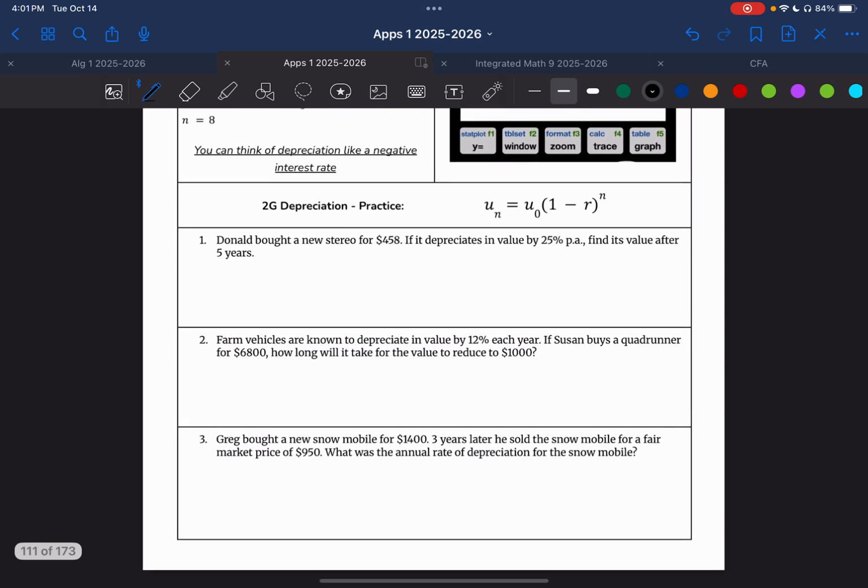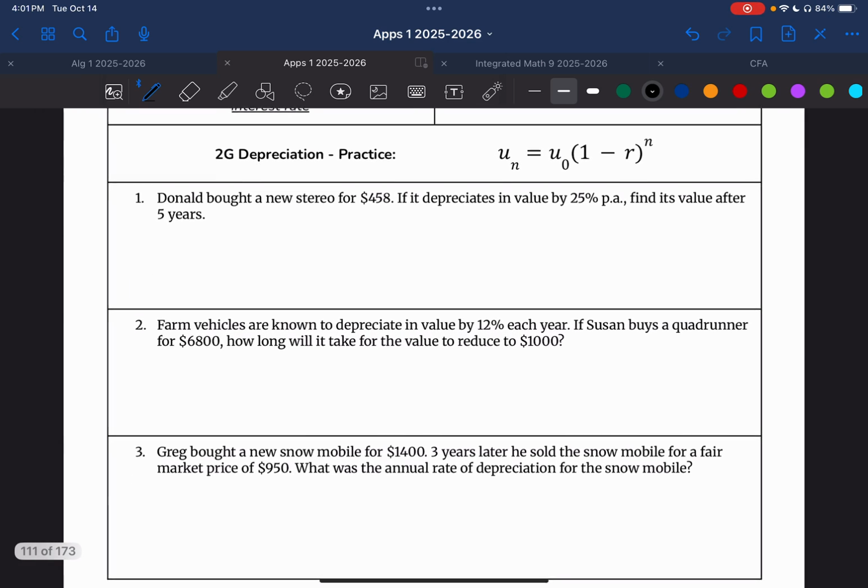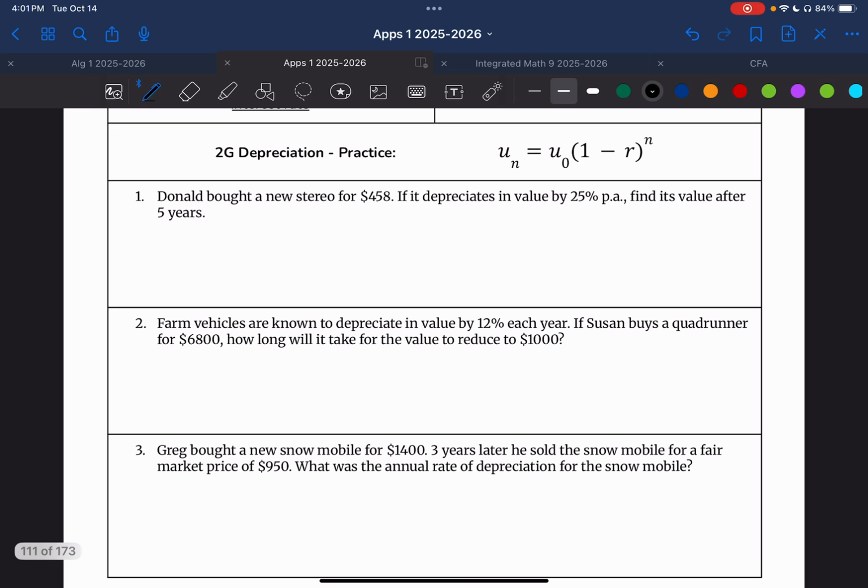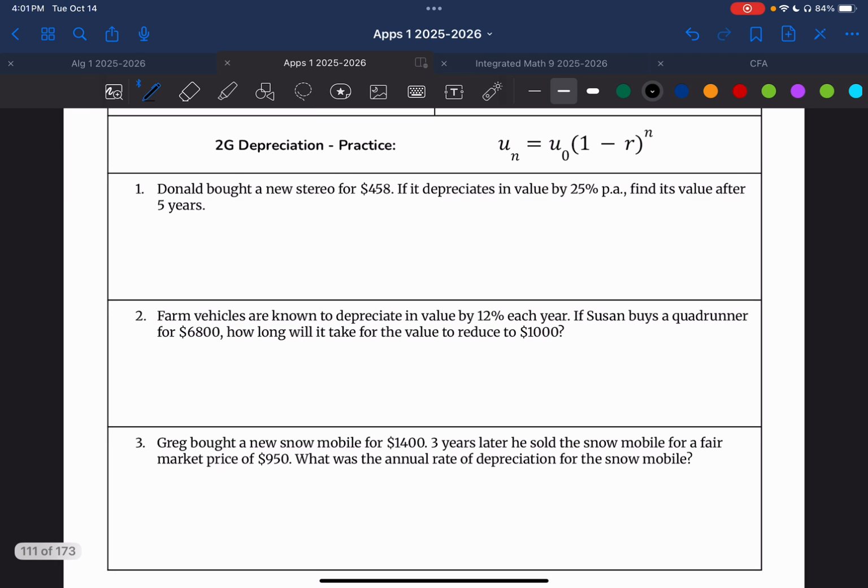All right, so now let's try these ones over here. Donald bought a new stereo for $458. It depreciates in value by 25% per year. Find its value after 5 years. So that's going to be 458 times 1 minus 0.25 to the 5th power.